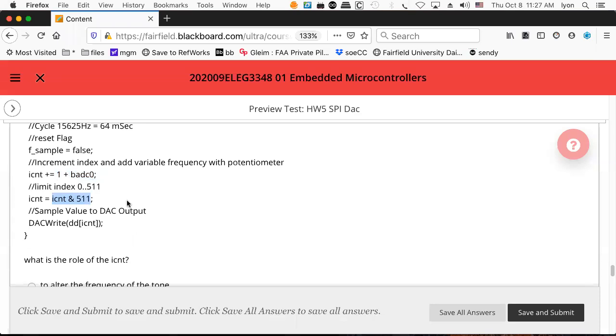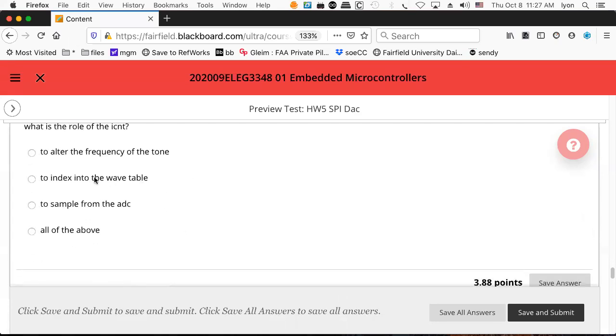So once it reaches 511, 511 AND 511 is going to give us all ones. Why would that be good? Sounds like a rollover. That doesn't sound right. That looks weird. But anyway, what's the role of the I counter? It looks like it's going to alter the frequency of the tone.